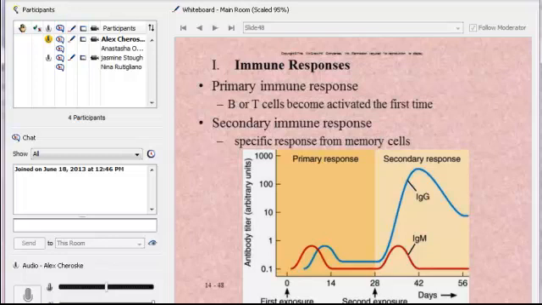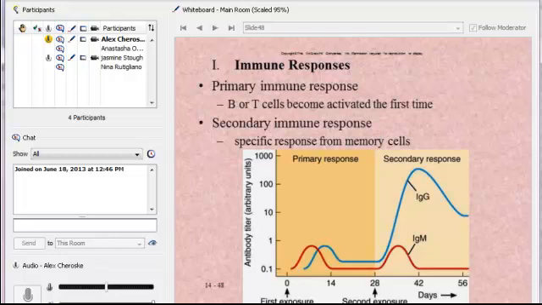Okay? Now, if you look at that second exposure, we're seeing that pathogen again. So you've been exposed, right? You got sick, you got better, and then somehow somebody gets into your face with that same pathogen. On the second exposure, you get a much more intense response in terms of the number of antibodies produced.